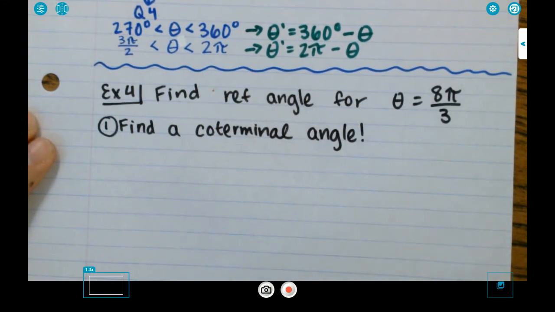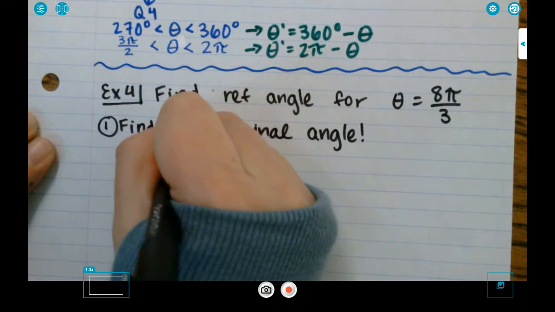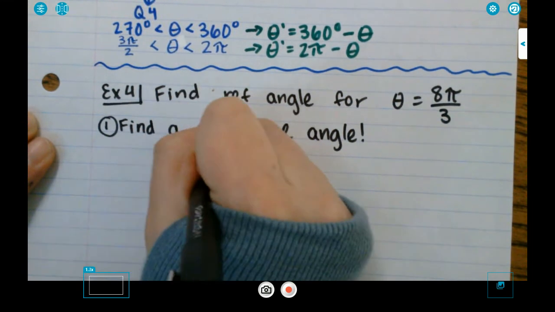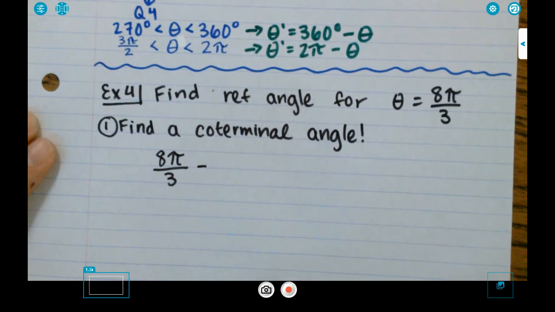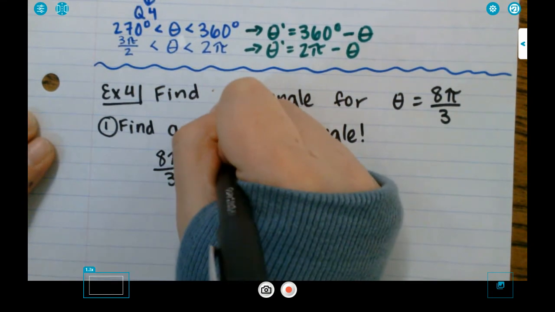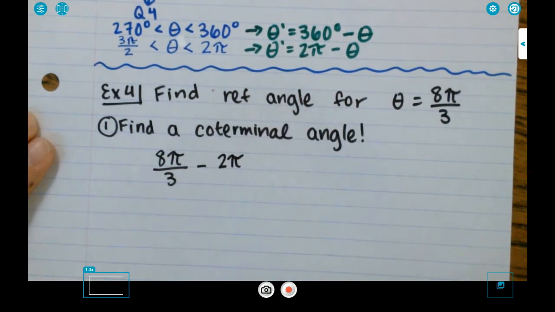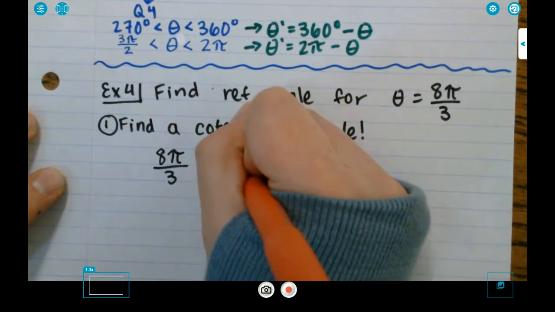So we're going to take that 8 pi over 3, and we are going to subtract 360 degrees, or in radians, that would be 2 pi. To get 2 pi to have a denominator of 3, we would multiply by 3 over 3.